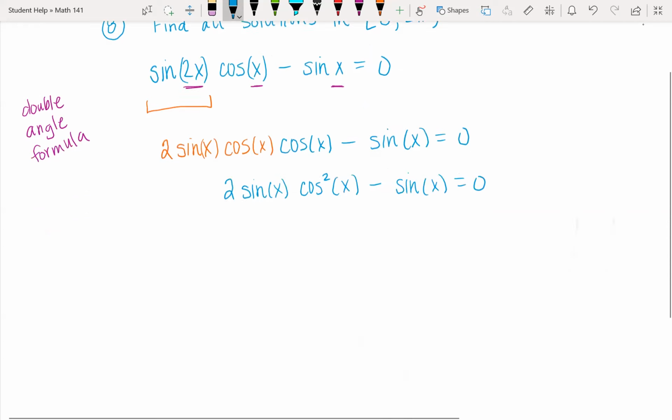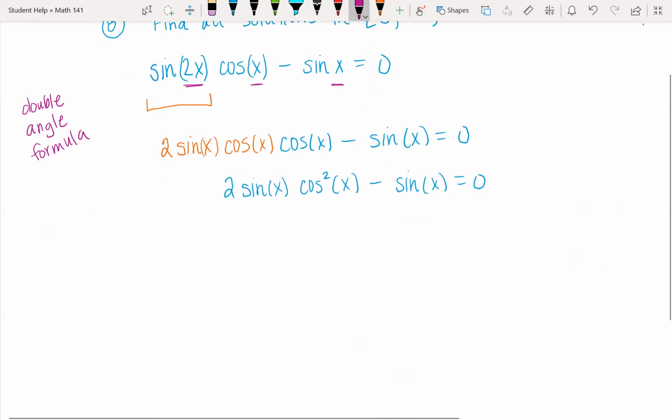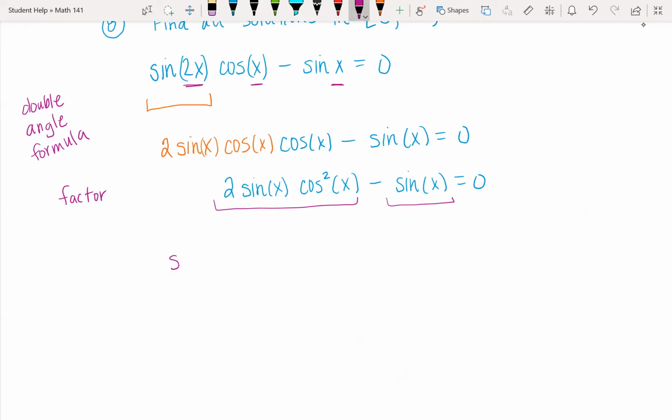And then what I'm going to do is factor at this point. I'm going to see that in the two terms that I have, they both have sine of x in them. So here's one term, here's another term. So I'm going to pull a sine x out to the front, and I'm left with 2 cosine squared x minus 1.